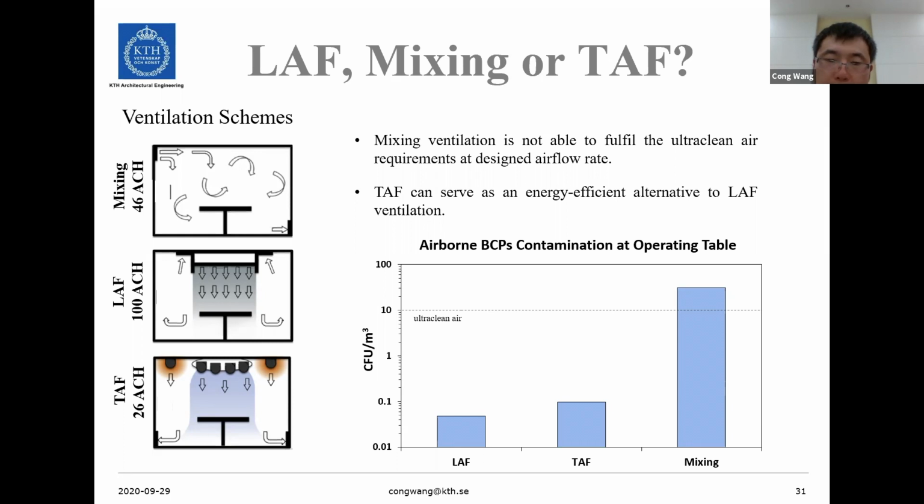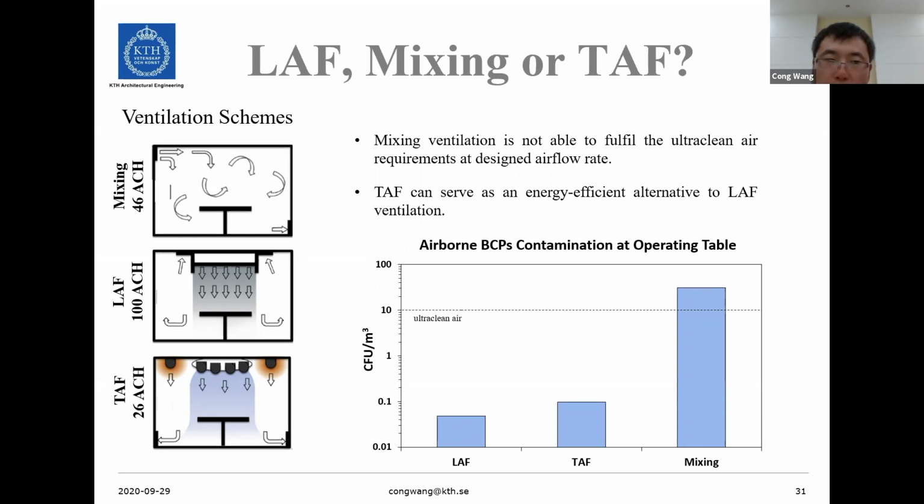So if we compare the laminar flow ventilation and temperature-controlled airflow ventilation, of course, laminar flow ventilation is cleaner than temperature-controlled airflow ventilation, but this effect is quite marginal. The difference is small.